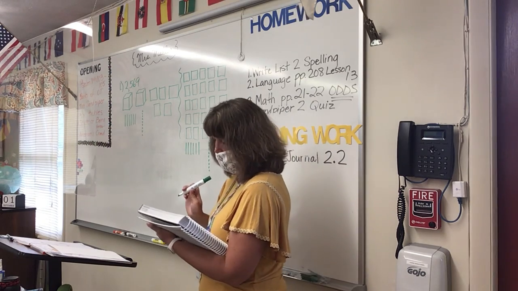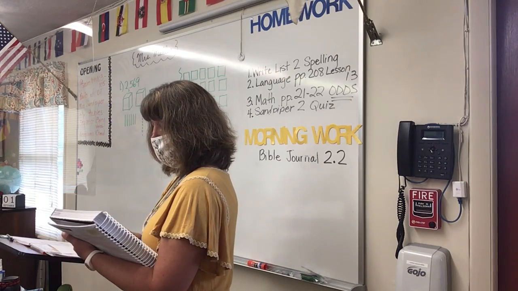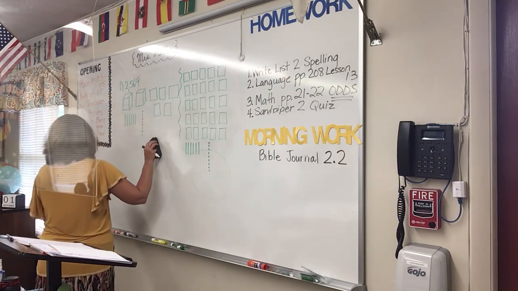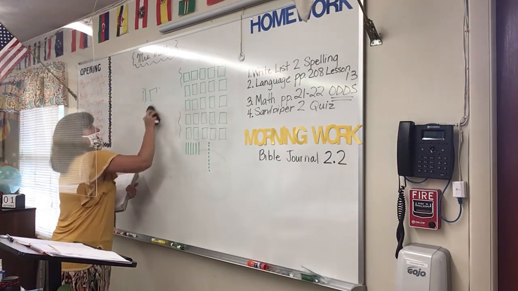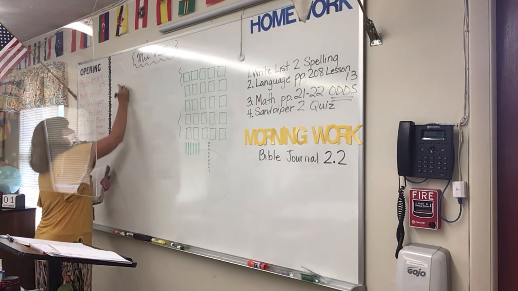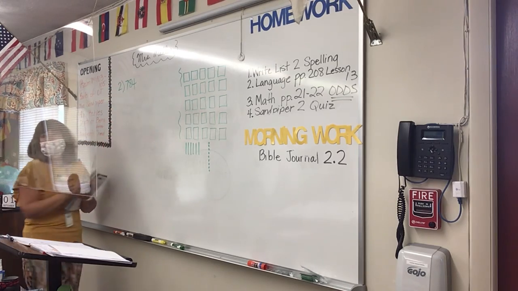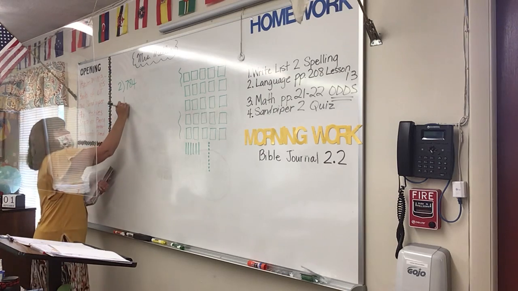All right, number 2. Who wants to do number 2? Tell me how many hundreds, tens, and ones I would draw to represent 784. How many hundreds, Jana? 700. Good.